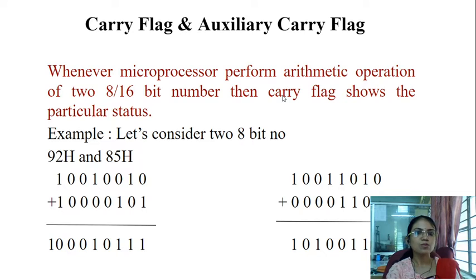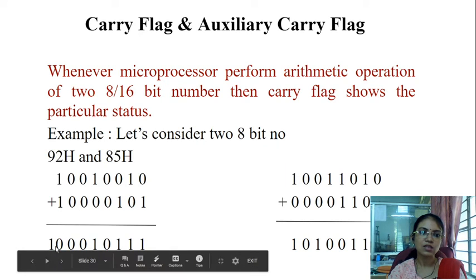Whenever the microprocessor performs the addition or subtraction of two 8-bit numbers, whatever carry or borrow is generated, that 9th bit is copied into the carry flag. It may be 0 or it may be 1. For this example, we get carry equal to 1.